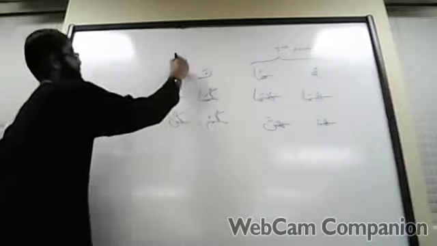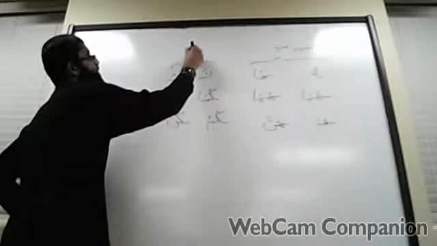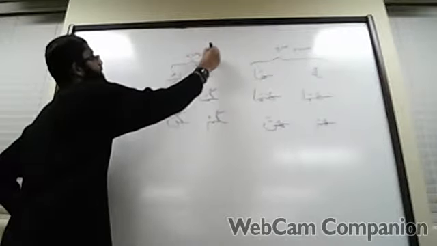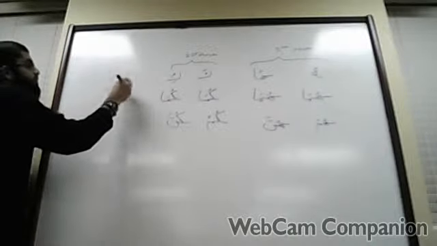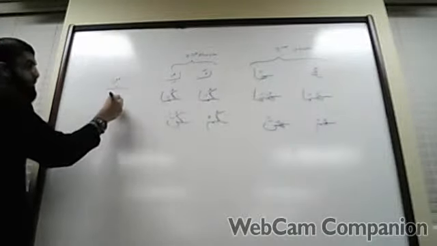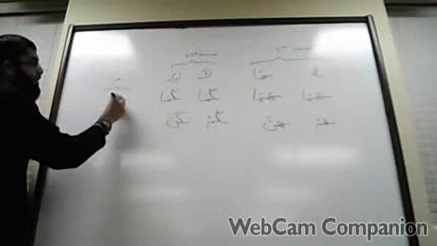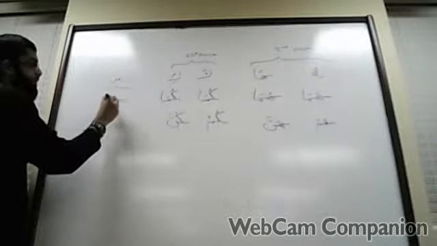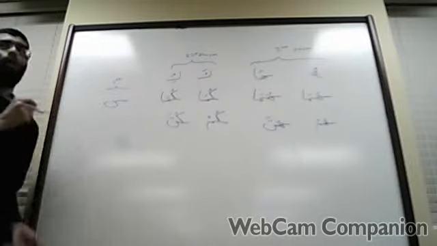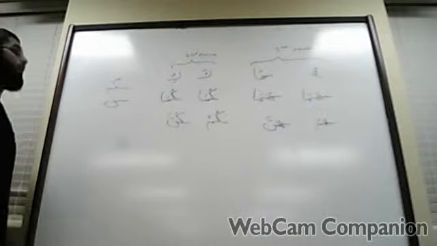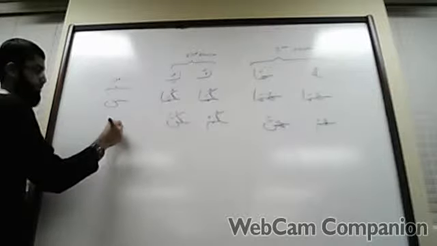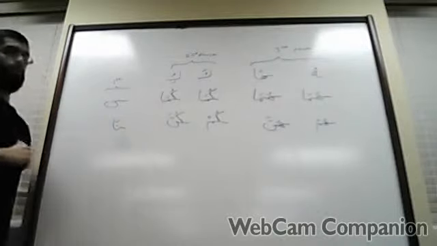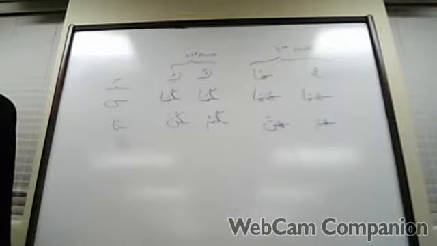Alright, so this is second person. And then what's mine, first person? Yeah, you add a yeah, like that. And then how do you say ours? Na. Okay, so that's ours. Alright.